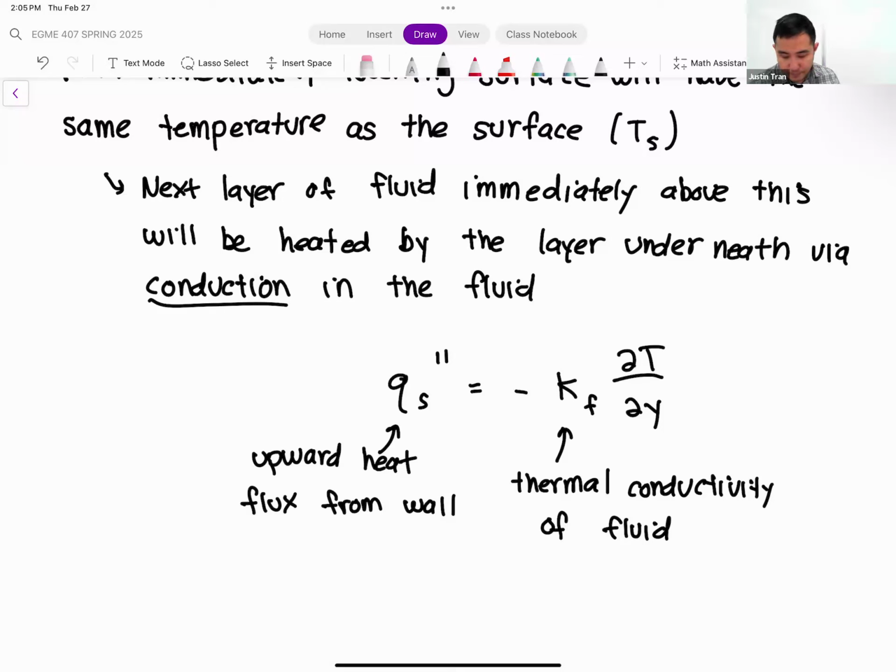Okay. And so because of conduction in this case, that layer of fluid is also going to heat up. But this second layer is also being influenced by the fluid that's in the free stream as well. Okay. So this second layer of fluid is not going to heat up, maybe all the way to Ts, but it's going to get close. Okay.